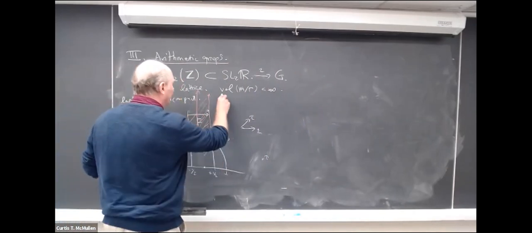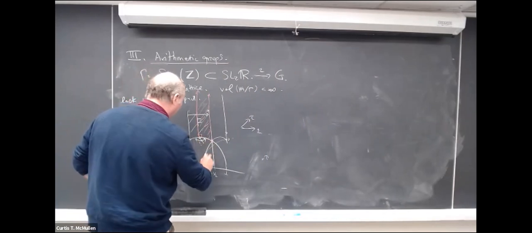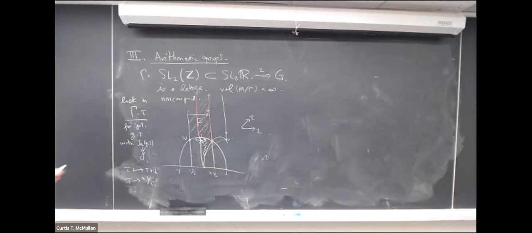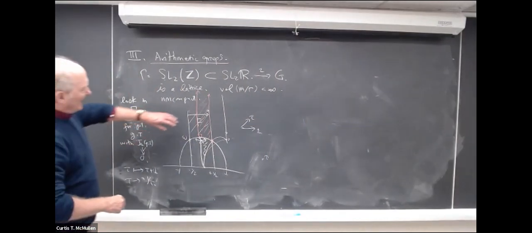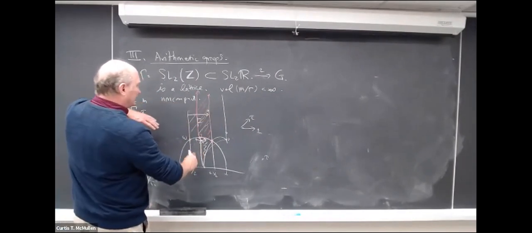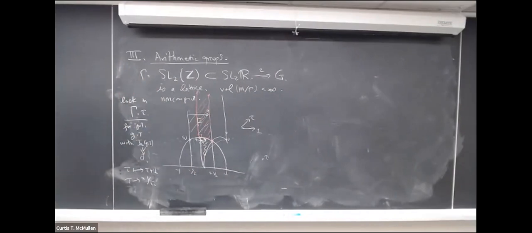I can reflect over here. I can reflect down here. And so on, and get a tiling of the hyperbolic plane. And then a fundamental domain consists of any 2 adjacent tiles, for example, this one and this one. So that's another way to think about the action of SL2Z.